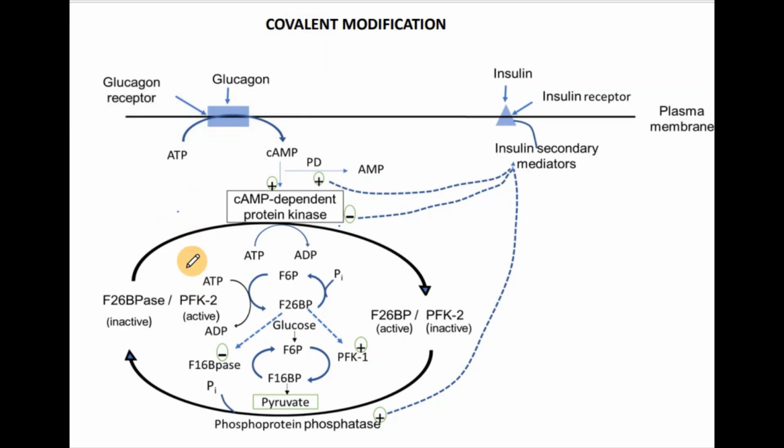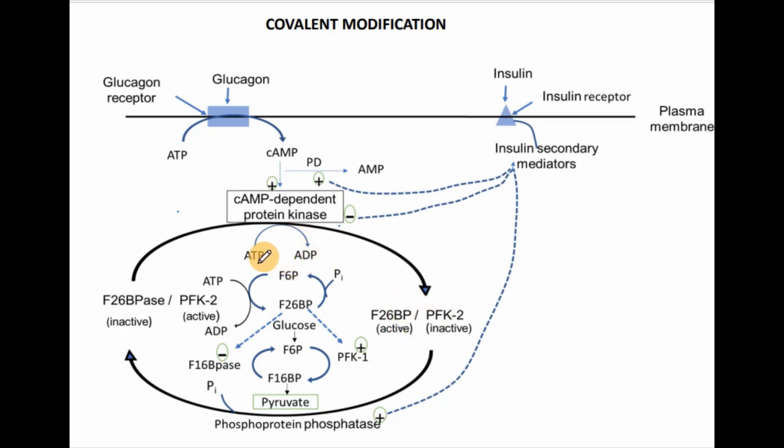So it means that in glycolysis, when we dephosphorylate the bifunctional enzyme, we proceed with glycolysis, and when we phosphorylate the bifunctional enzyme, we halt glycolysis. So let's see how the mechanism goes. When cyclic AMP activates cyclic AMP dependent protein kinase, this causes phosphorylation of the bifunctional enzyme.